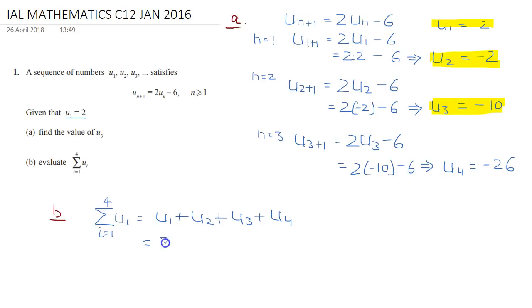So that is equal to u1 is 2, u2 is minus 2, u3 is minus 10 and u4 is minus 26. So 2 and minus 2 cancel, and that gives the answer, minus 36. So this is the question and the answer is this.